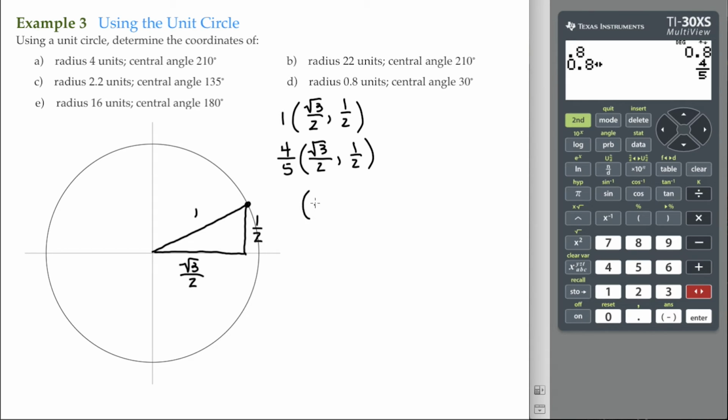So this becomes 4 root 3, 5 times 2 over 10, and 4 over 10. 4/10 simplifies to 2 root 3 over 5, and of course 2/5.